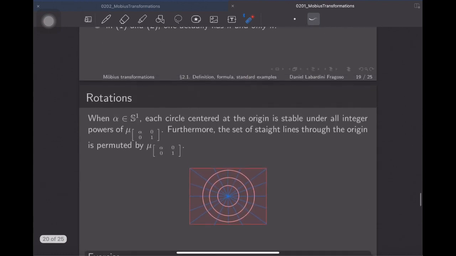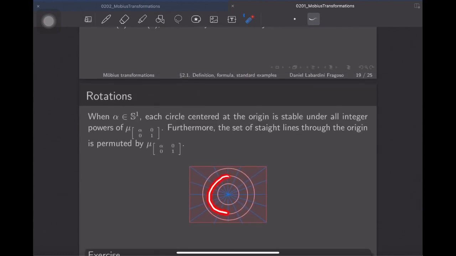In the case of rotations, each circle centered at the origin is stable under rotation, and now it's the rays, or lines through the origin, that get rotated, so the image of one member is another member of the family.